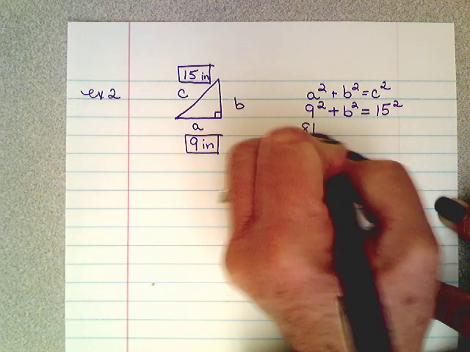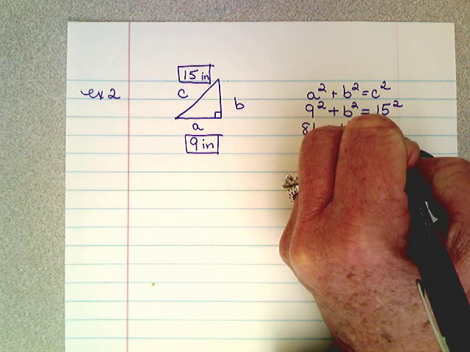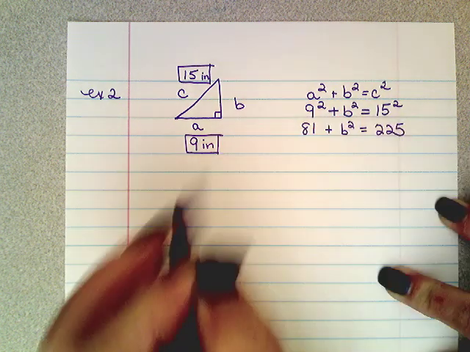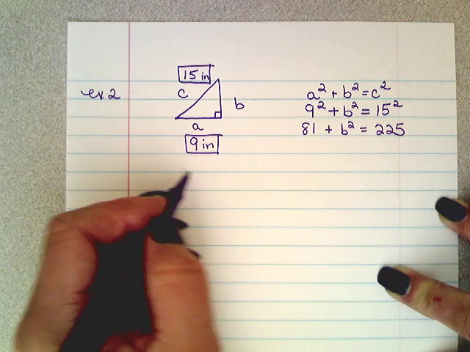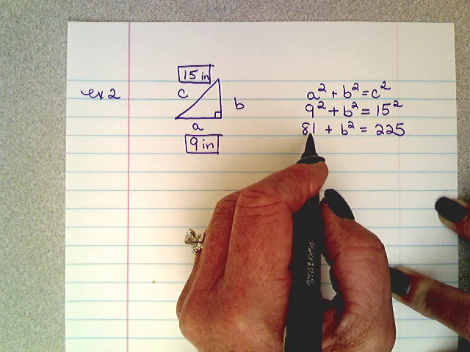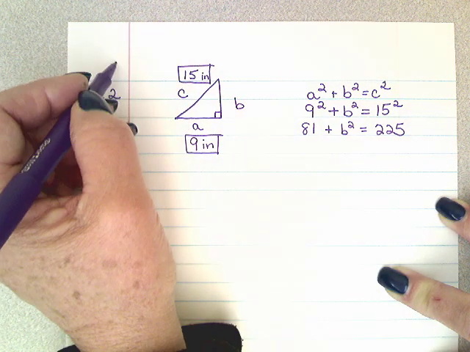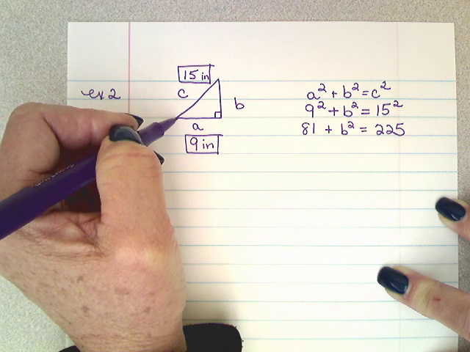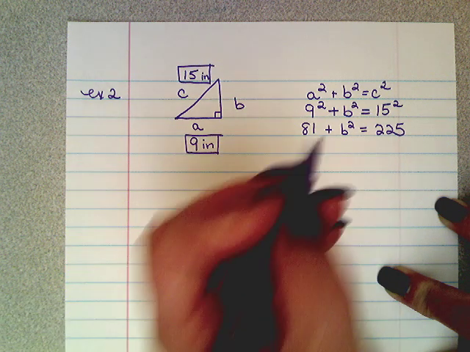So 81 plus B squared equals 225. So the area off of A, if I was to draw that square, 9 by 9, it's going to give me 81 for my area. If I draw my tilted square off of that hypotenuse, it's going to give me 225 for the area.